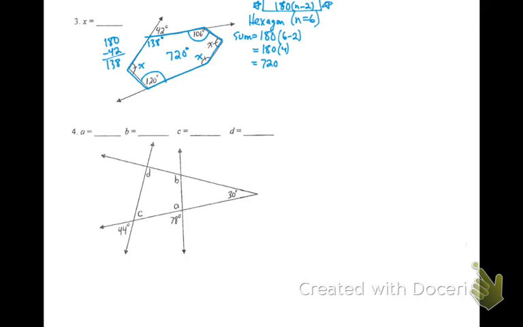So adding them up, I have 3 x's, so 3x plus 106 degrees plus 138 degrees plus 120 degrees. So notice I have 1, 2, 3, 4, 5, 6 angles accounted for. They're all there. They must add up to 720 degrees.